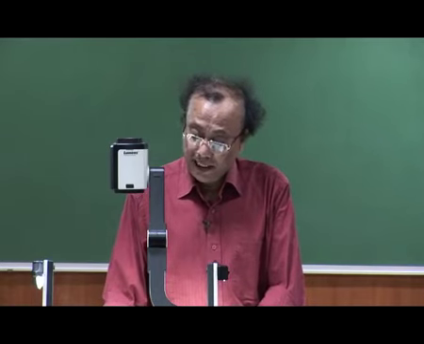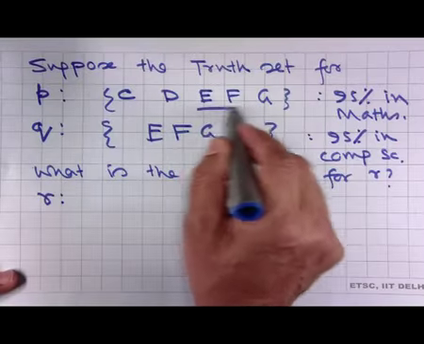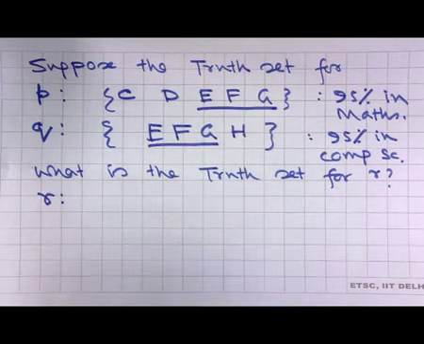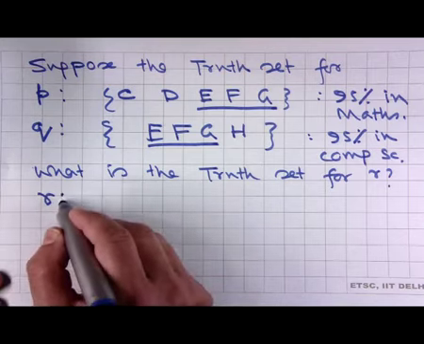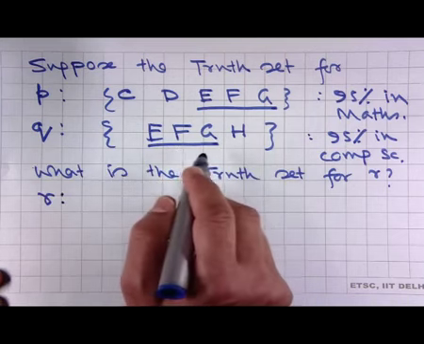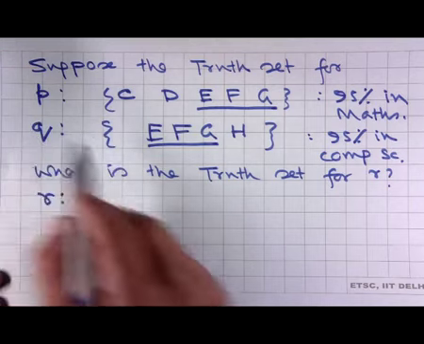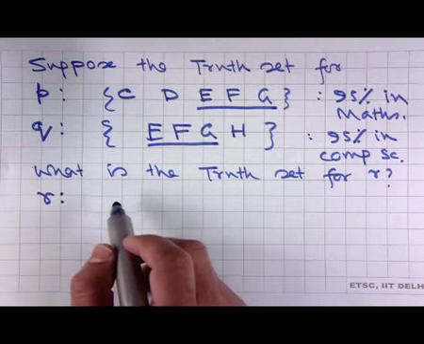So, if we look at that, we can see that only these 3 students have got more than 95% in both the subjects. Therefore, AND is basically it gives you the intersection of the truth sets of the component statements.